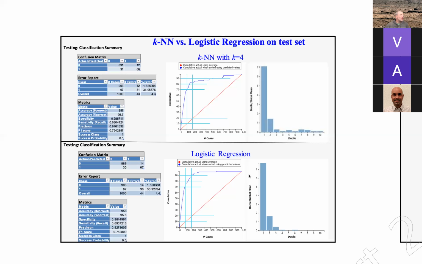Okay. So let's look at this here. What the decile chart is telling you is what percentage of the correct predictions you get per number of cases that you look at. So for this first one, in the first 10%, it says that by using the algorithm, you can find 70% of the positive cases by looking at the first 100 results.